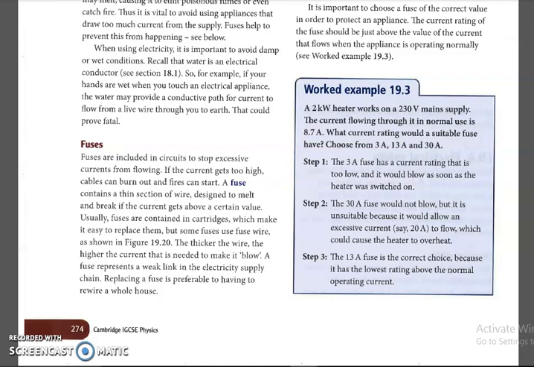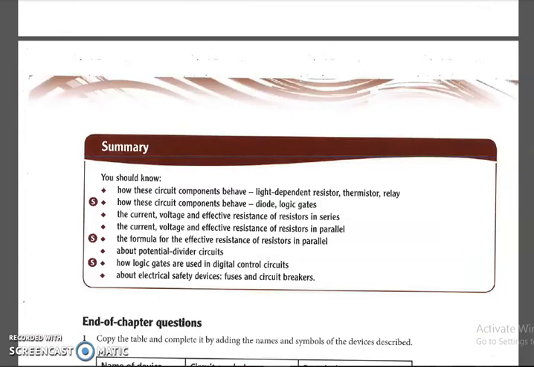A fuse represents a weak link in the electricity supply chain. Replacing a fuse is preferable to having to rewire a whole house.